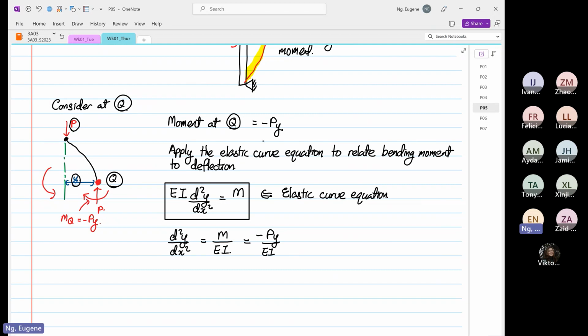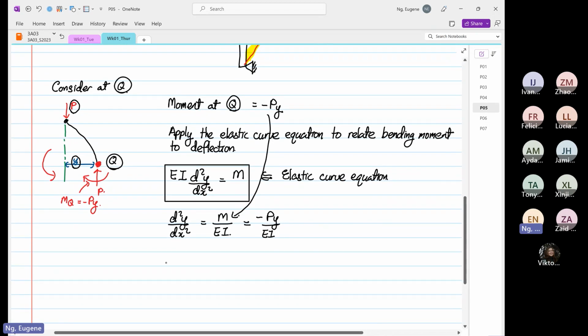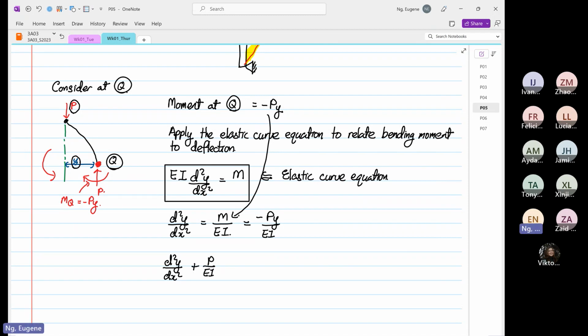Basically I just imported this equation down here. If we rearrange this equation, we get d squared y over dx squared plus P over EI multiplied by y, and the whole thing is equal to 0. So this is our equation 7.